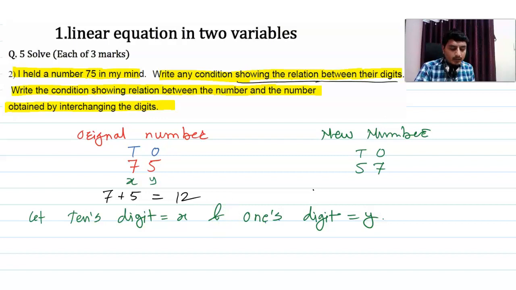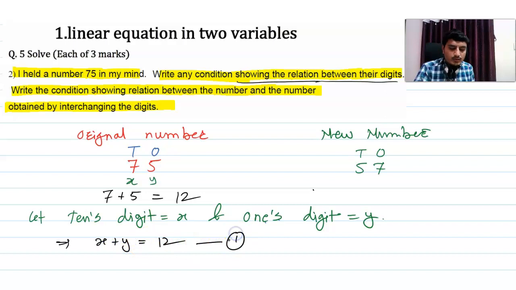Then we may form the linear equation in two variables. Replacing 7 by x and 5 by y, the first linear equation in two variables is x + y = 12.